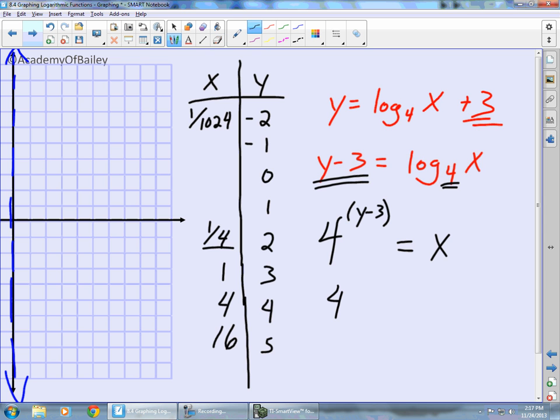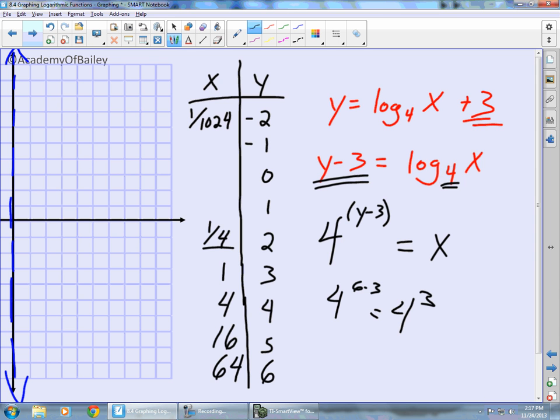And let's go one more just for the kicks. 6 minus 3 is 3, and 4 cubed is 64. So we have like 5 points there. We could probably graph those.